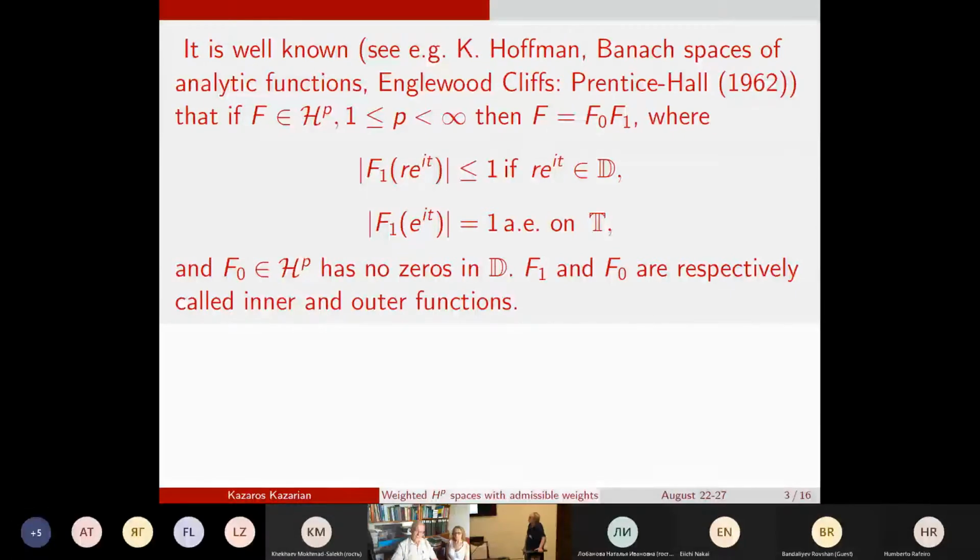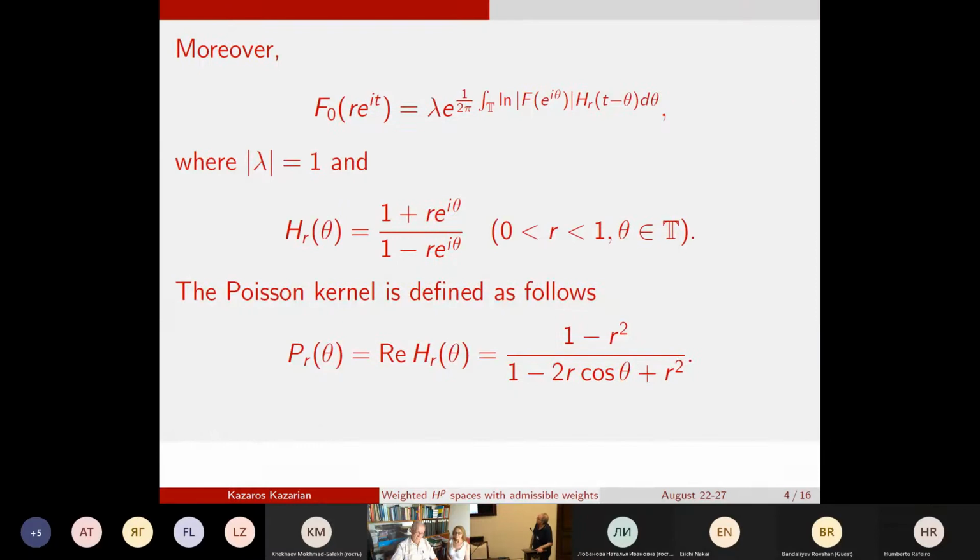These factors are called respectively the inner and outer function. The name was given by Beurling in his famous paper. Moreover, the outer function can be written in the following way. There is no uniqueness, but it's not so important.